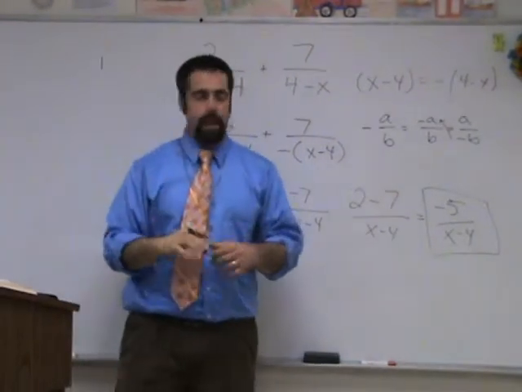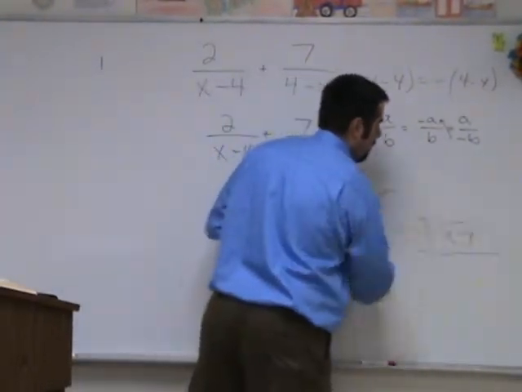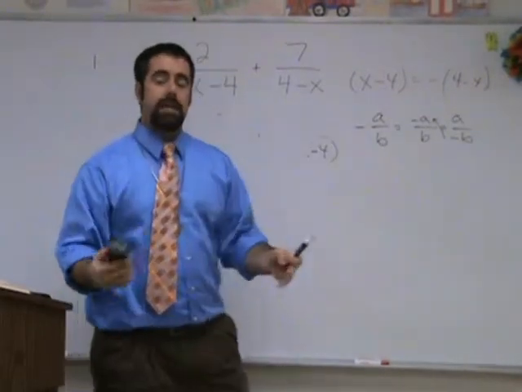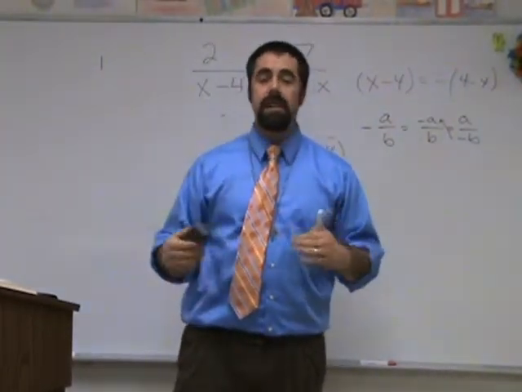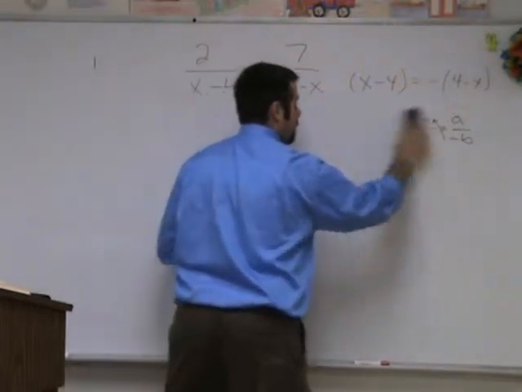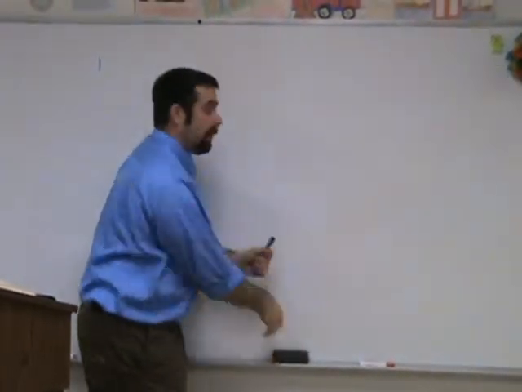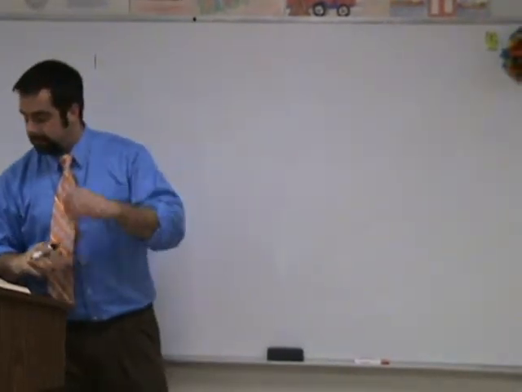Okay, one more example. What if my denominators are not the same? What if there's some significant difference? I need to find, like we did yesterday, that least common denominator.